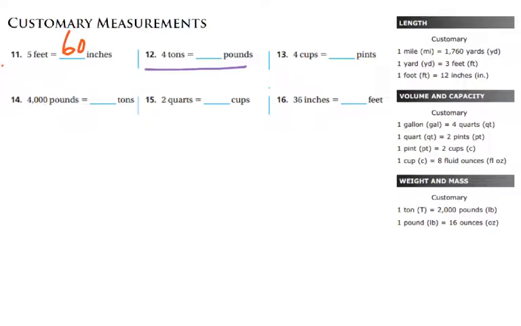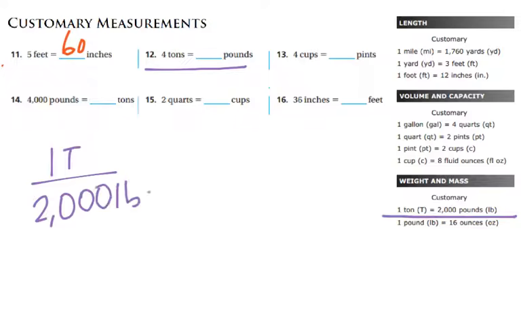I have 4 tons, and I'm trying to figure out how many pounds that is. Now, let me see, where are tons and pounds going to be? Oh, right here, tons and pounds, that's weight and mass. So I know 1 ton is equivalent to 2,000 pounds, and they told me that I have 4 tons.